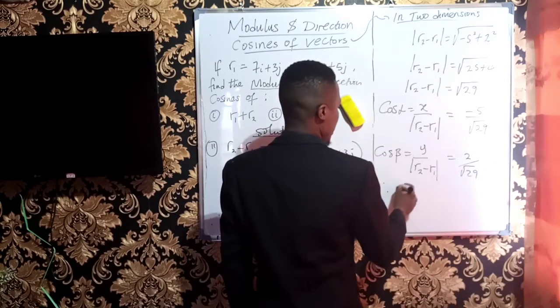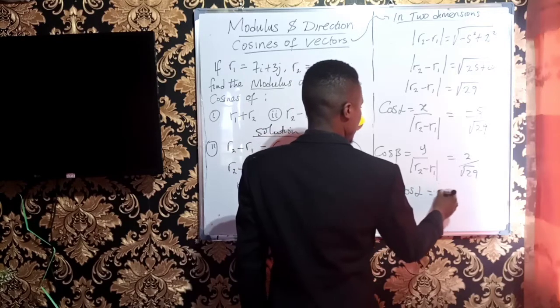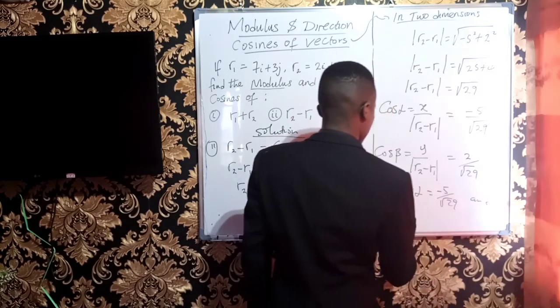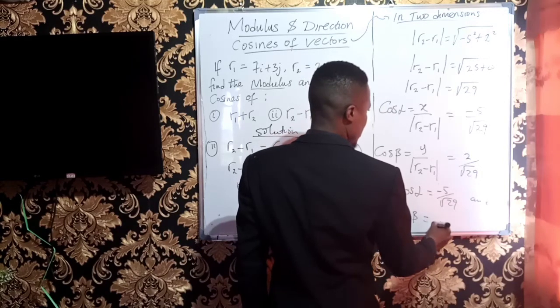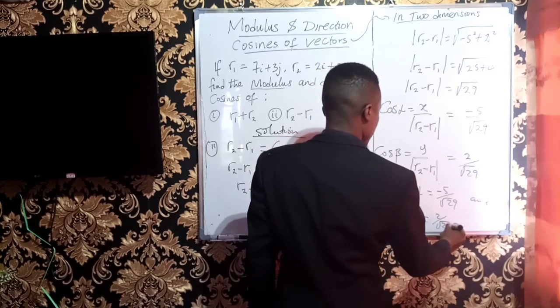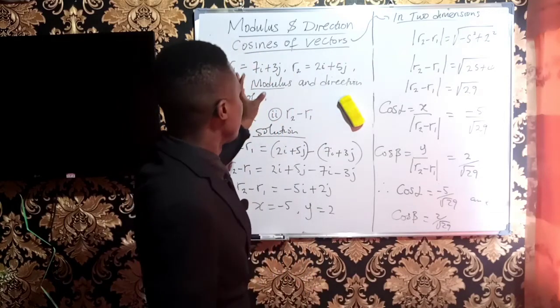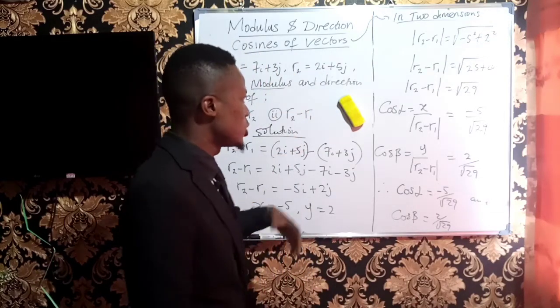Therefore, the direction cosines are cos alpha, which is negative 5 over root 29, and cos beta, which is 2 over root 29. So you've now seen how to find the modulus and direction cosines of vectors in 2 dimensions.